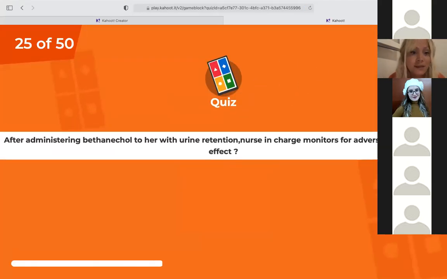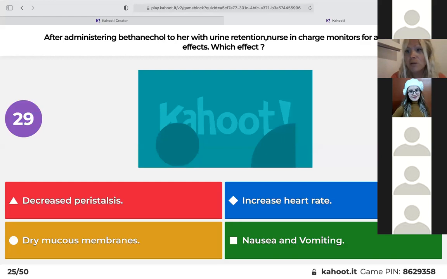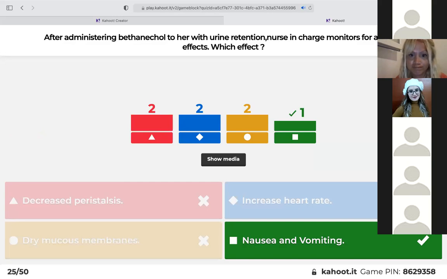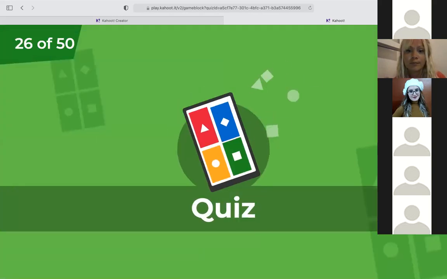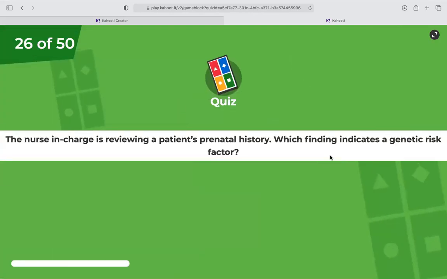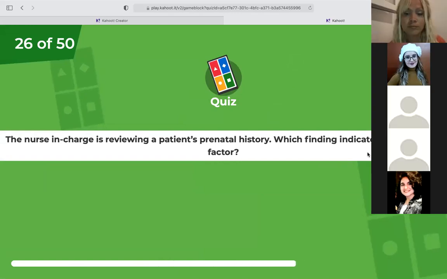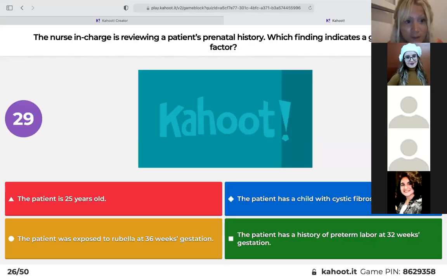After administering bethanechol to a patient with urine retention, the nurse in charge monitors for adverse effects. Which effects? The nurse in charge is reviewing a patient's prenatal history.